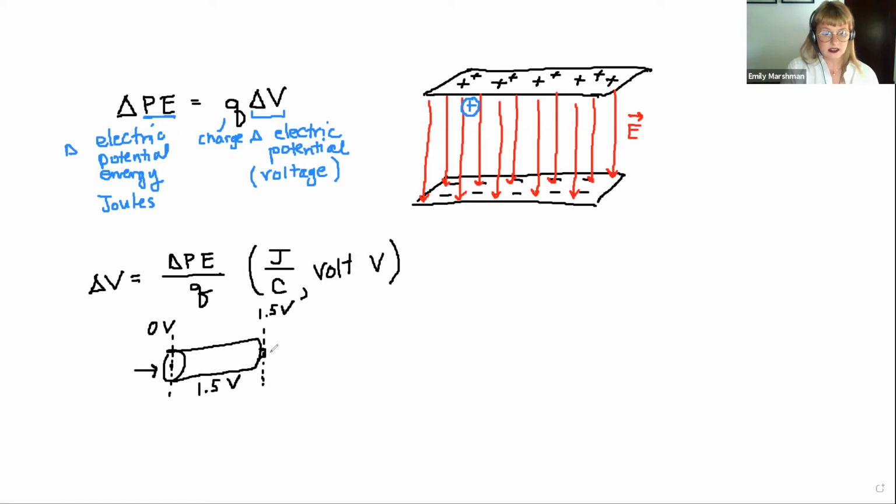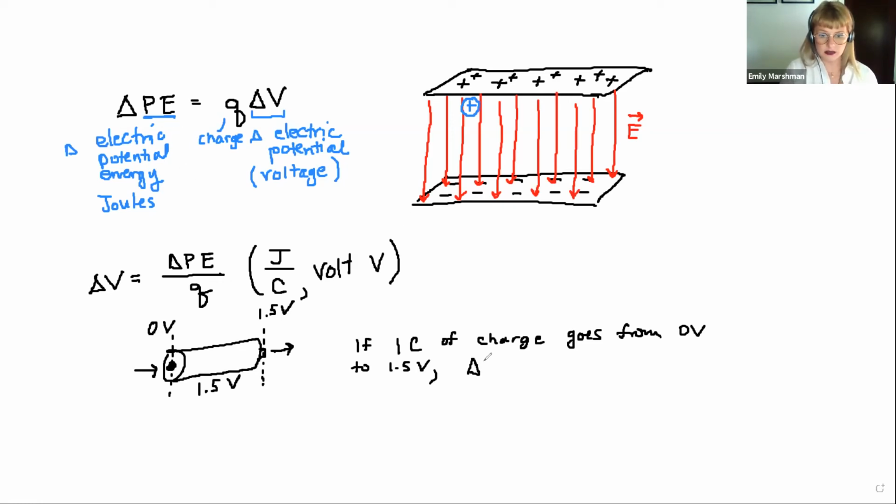And if, for example, 1 Coulomb of charge goes from 0 volts on one side of the battery to 1.5 volts on the other side, so if I move 1 Coulomb of charge from here over to here, and I push it through 1.5 volts, that means that the electric potential energy of that charge has increased.